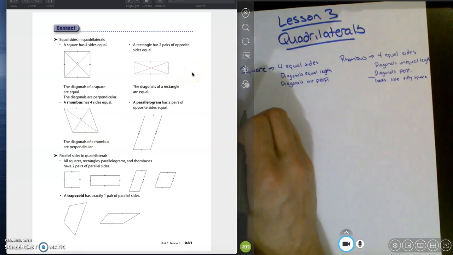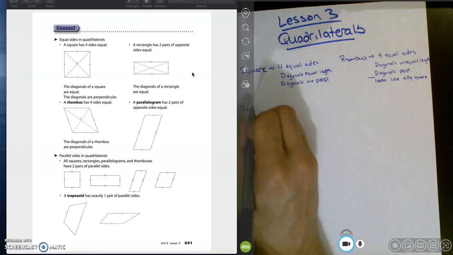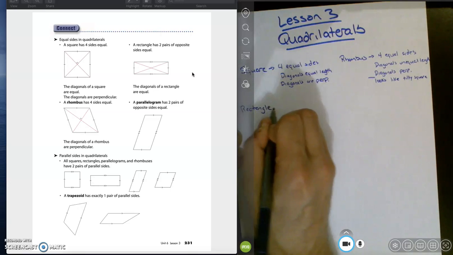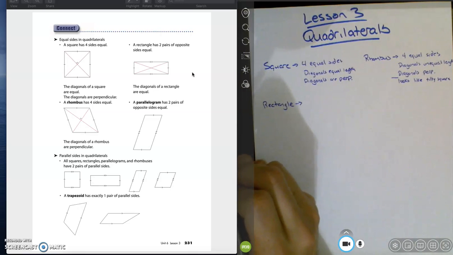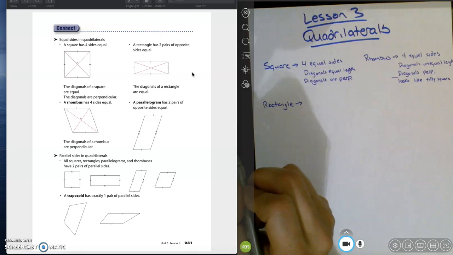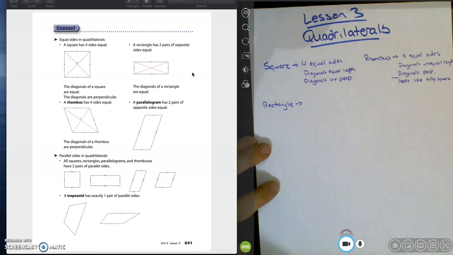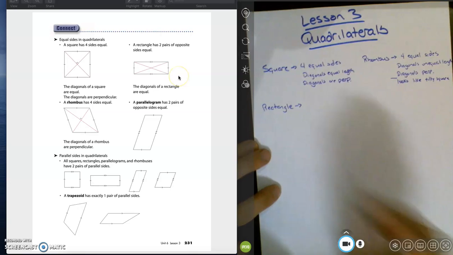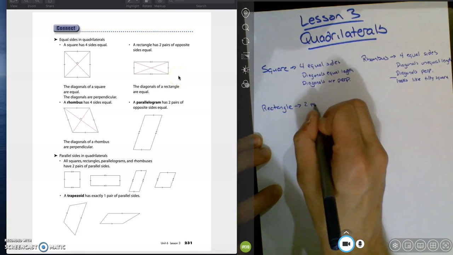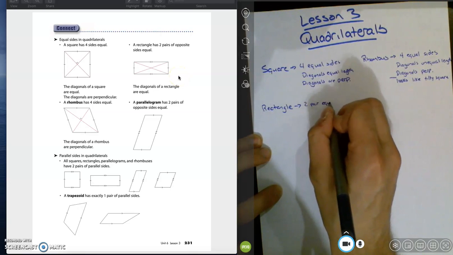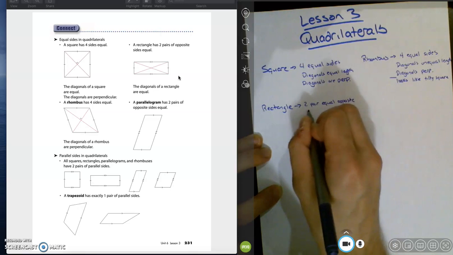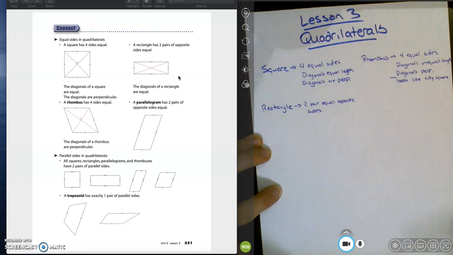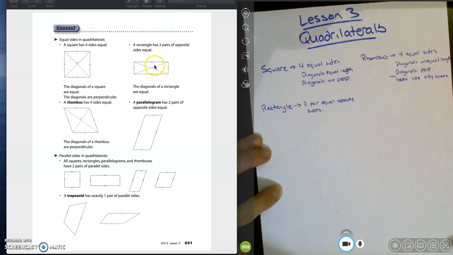We'll do rectangle and parallelogram next. So what makes a rectangle a rectangle? Most of you look at it and you know what it looks like, but let's make sure we have all the proper information. It has what we call 2 pairs of equal, opposite sides. These 2 sides are opposite and they're equal length, and these 2 sides are opposite and they're equal length.